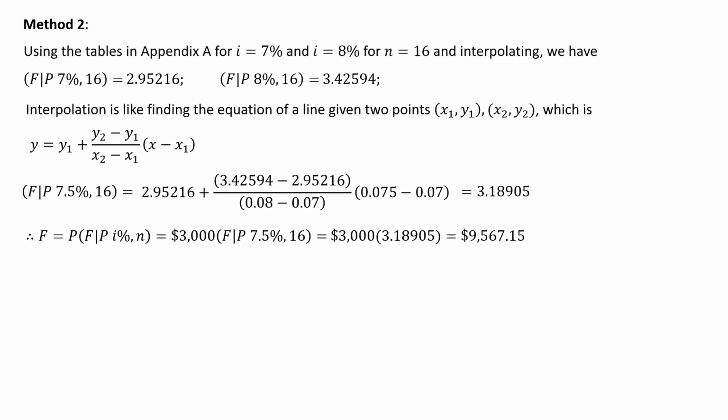But that is to be expected because what we did is a linear interpolation, and that is definitely not linear. It's not changing linearly in between. So that's the idea. So that difference is okay.